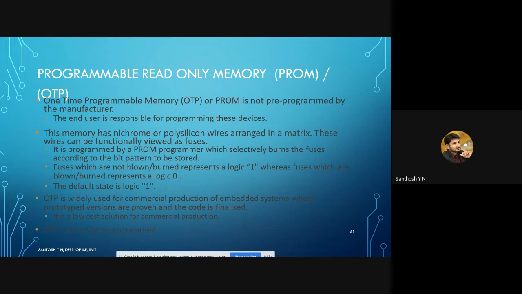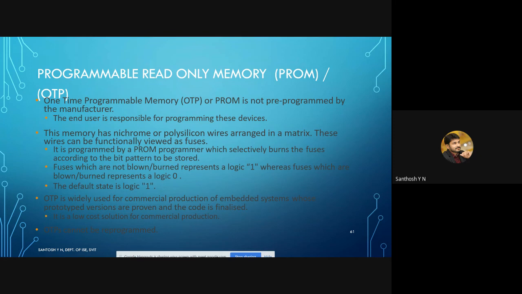This memory has nichrome or polysilicon wires arranged in a matrix. So whatever matrix is used is arranged by these nichrome or polysilicon wires. These wires can be functionally viewed as fuses.